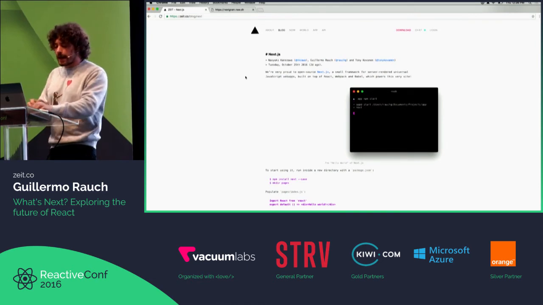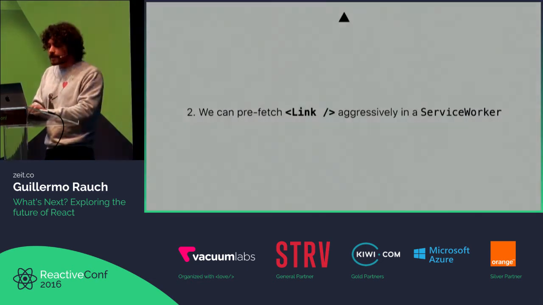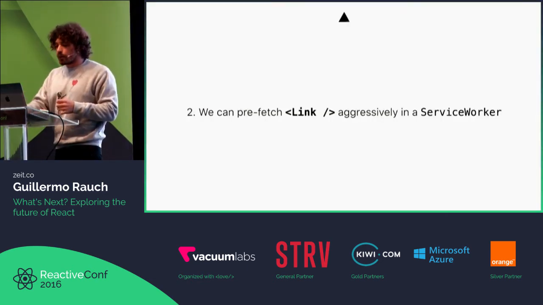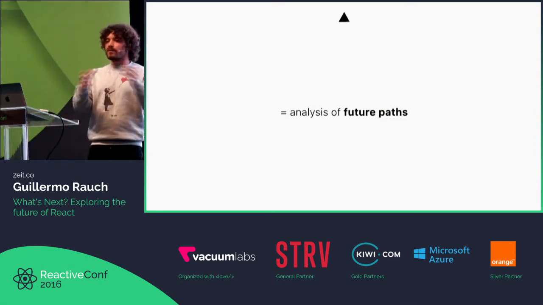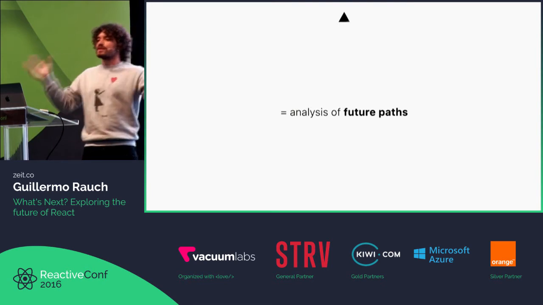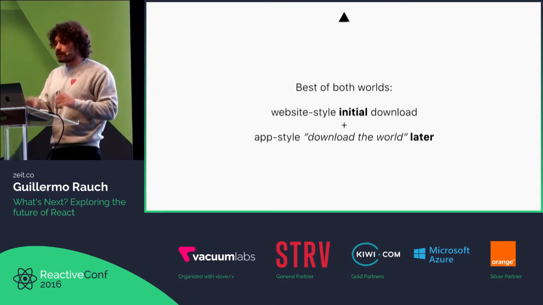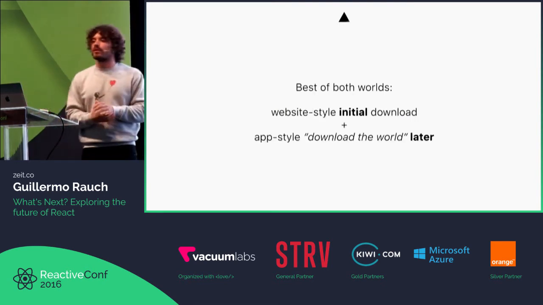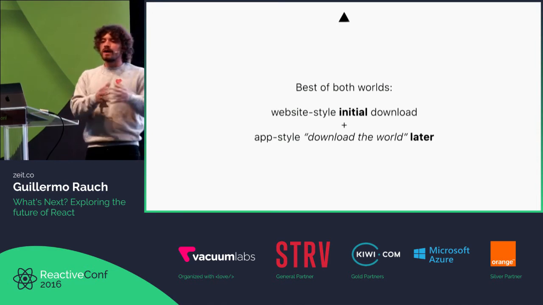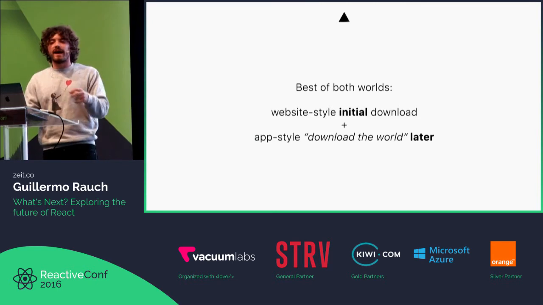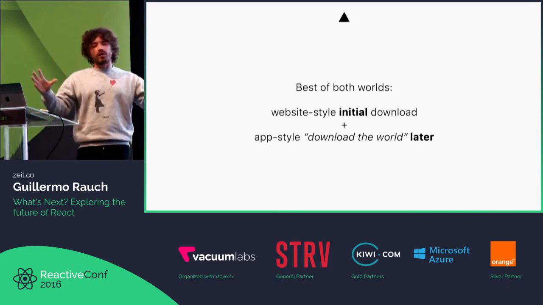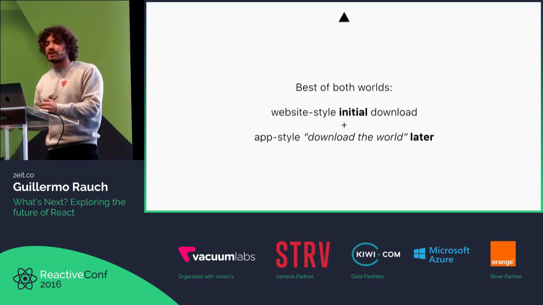It's almost like by prefetching aggressively, and analyzing, obviously, the things that are interesting to prefetch, not just prefetching everything, we're able to get that best of both worlds experience where the initial download works like Web 1.0, but then we have an app-style download the entire world approach once the page is loaded.